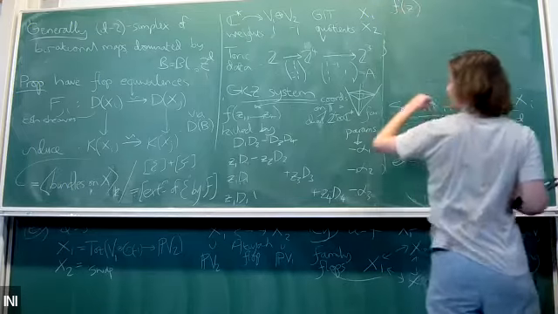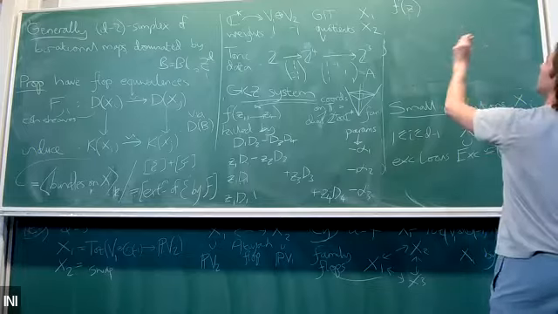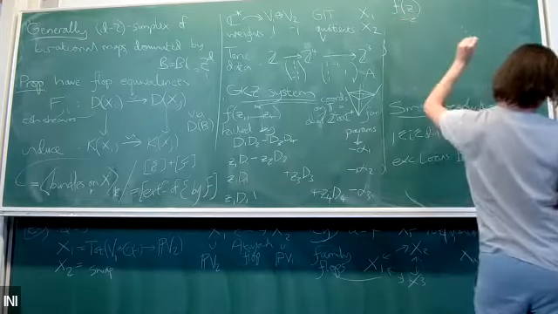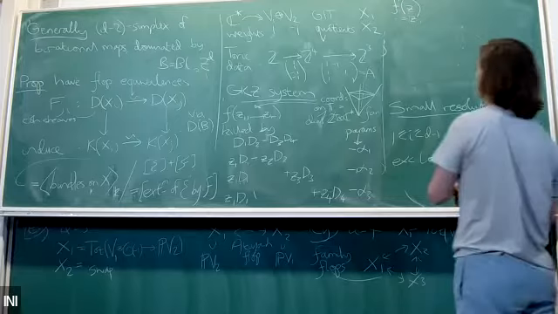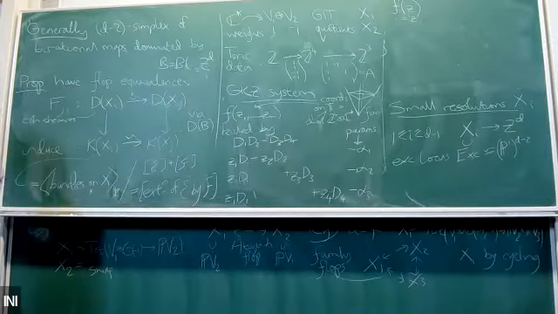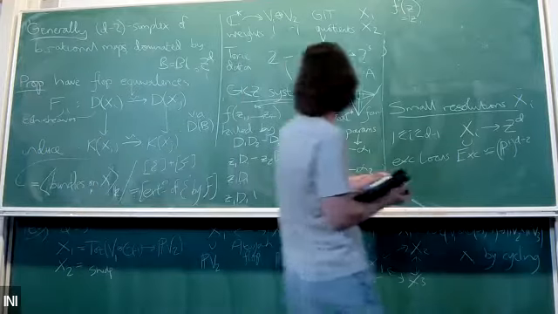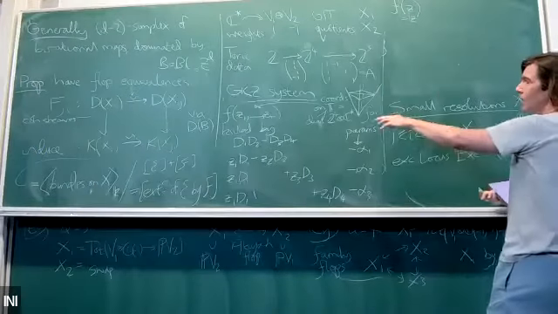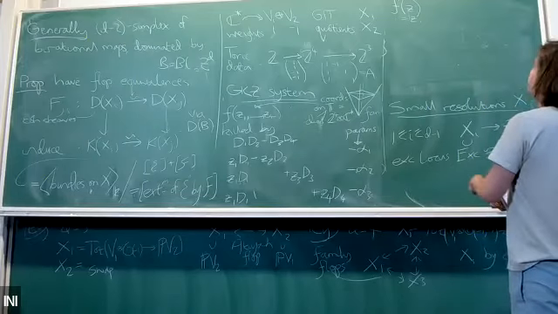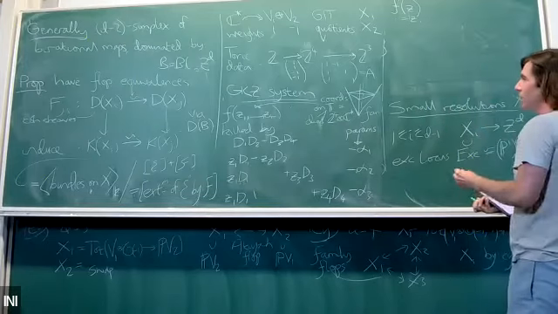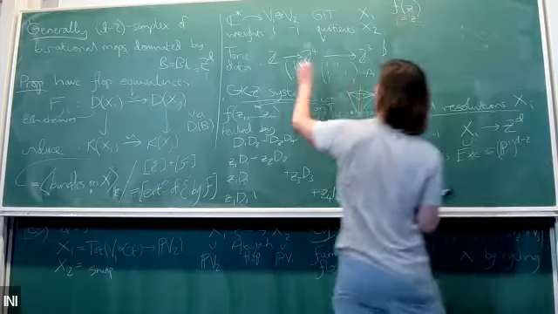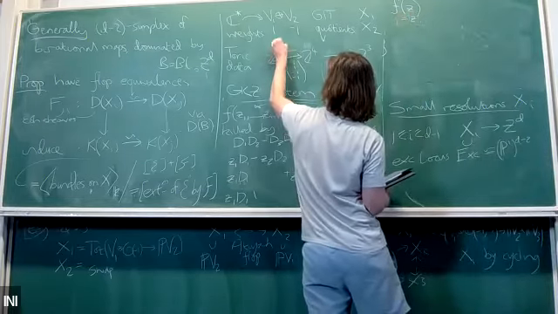Well, if I take just z1, so I'm setting all the other z's to some fixed thing, so I just have the function of z. This choice corresponds to a splitting here.